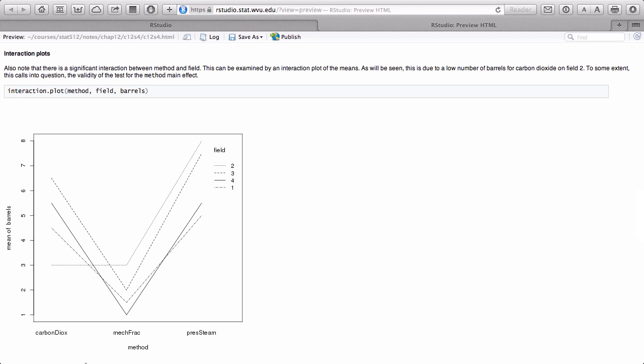You might think that if I take mu hat plus alpha hat 1 plus beta hat 1 plus alpha beta hat 1 1, that you would get the same thing as the cell mean for 1 1.